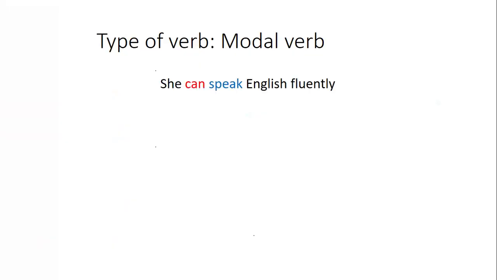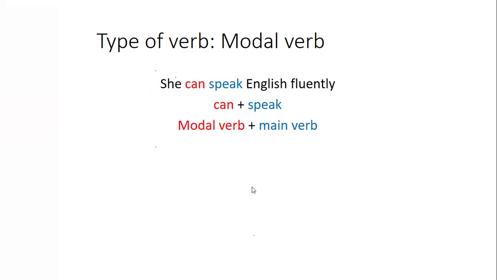modal verb. She can speak English fluently. Speaking is an action. We are talking about she. She's the main subject of our sentence. So she is the subject. What action is she doing? She's speaking. So speak is our action verb.